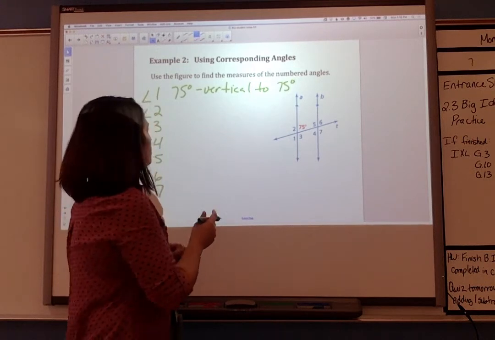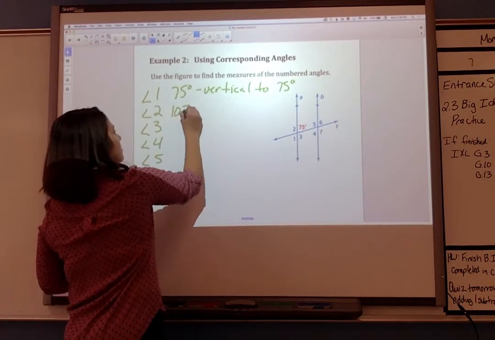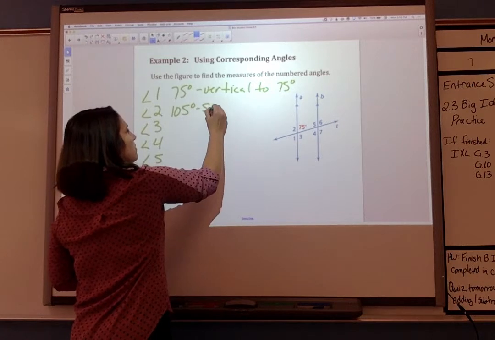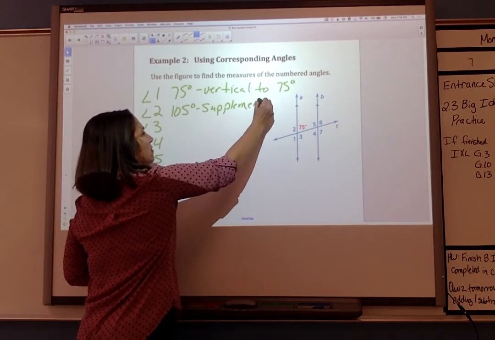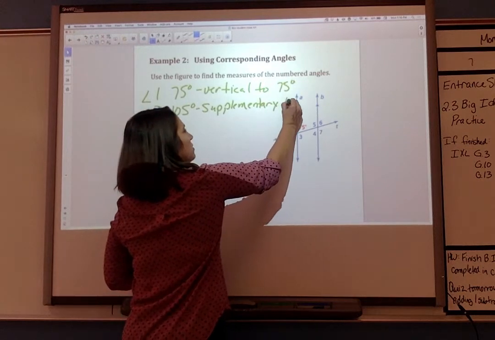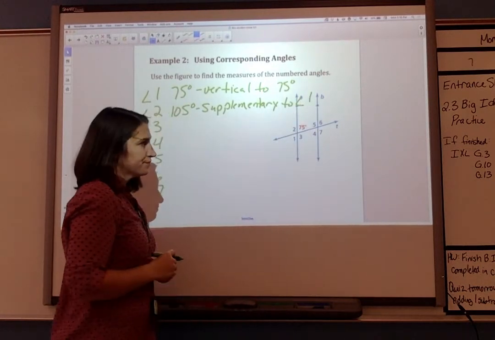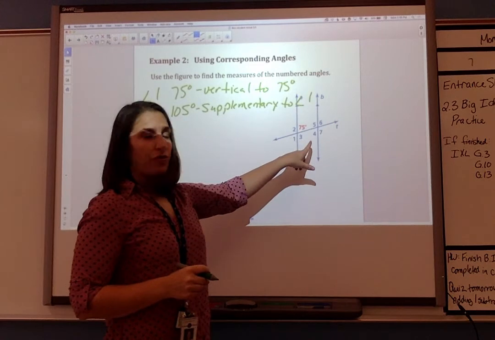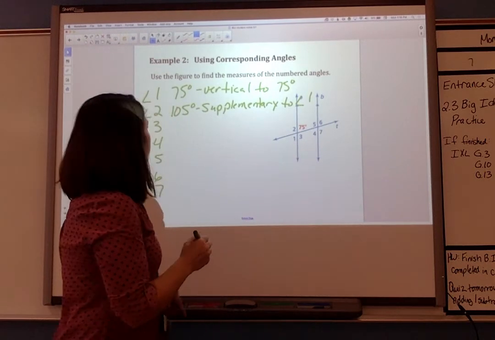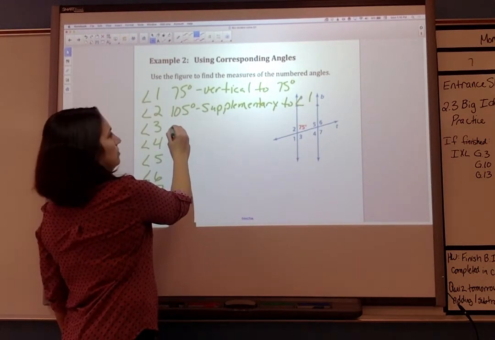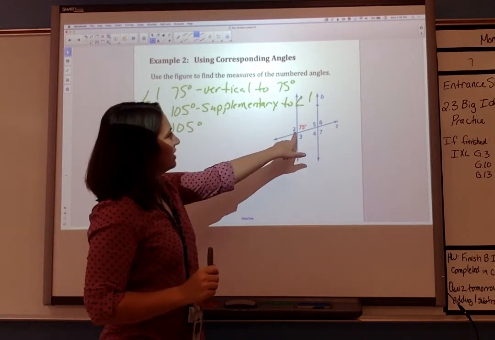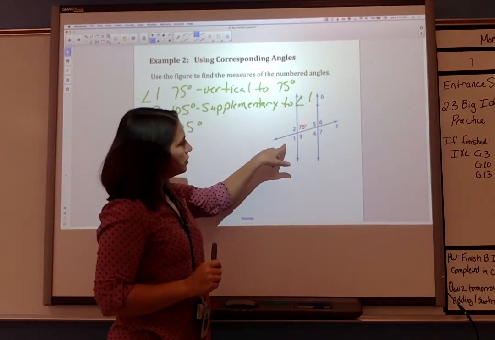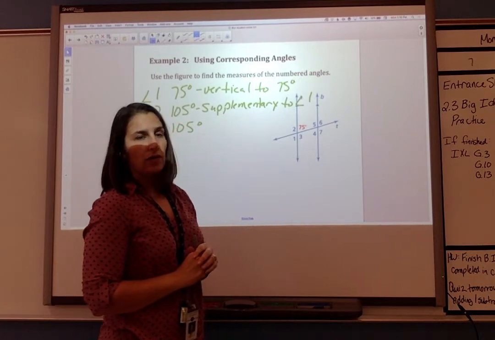So therefore, it must be 105 degrees, supplementary to angle 1. All right, angle 3, we can see is also 105 degrees. And we could say that it's vertical to angle 2. We could also say it's supplementary to angle 1.